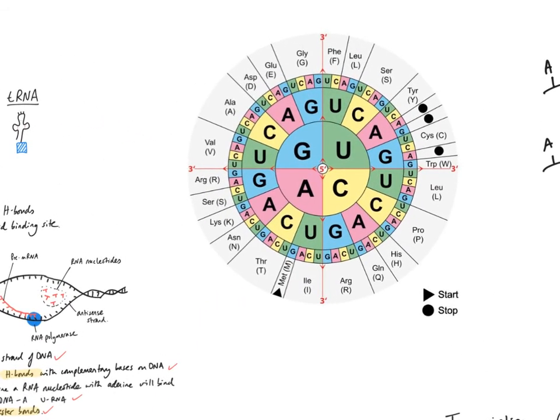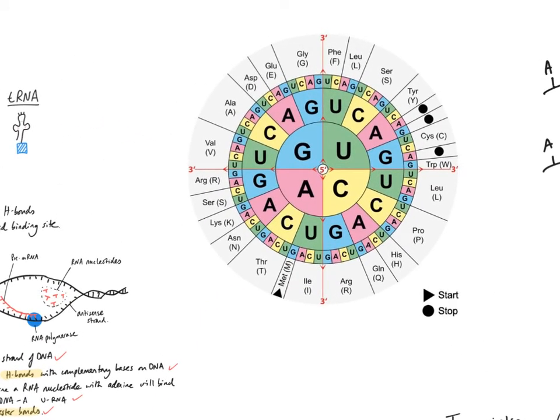Sorry. This is a codon map. I know it's mRNA codons because it's got U's in it, and this is the first base of the codon, the second base of the codon, and the third base of the codon. Yep. So as it was before. So if I say AAA, well, that will call for the amino acid lysine.